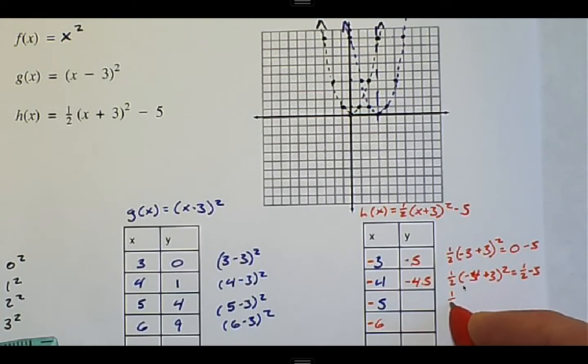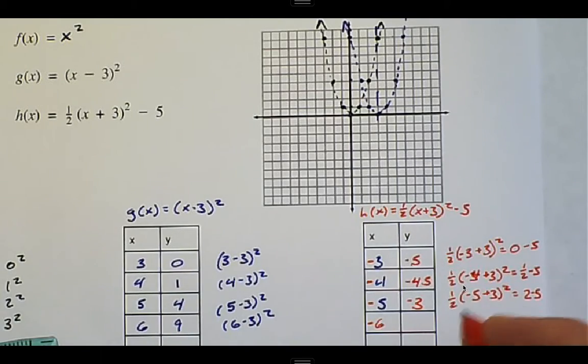Then we have 1/2 times -5 plus 3 squared. -5 plus 3, that's -2. Squared, that's 4, times 1/2, that's equal to 2. Oh, we forgot, subtract 5. So 2 minus 5 is -3.